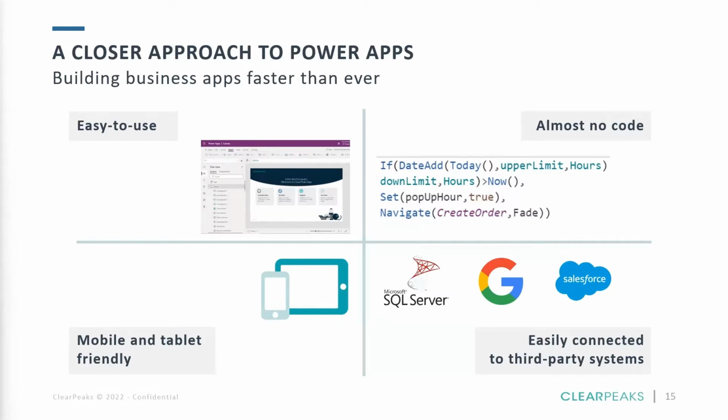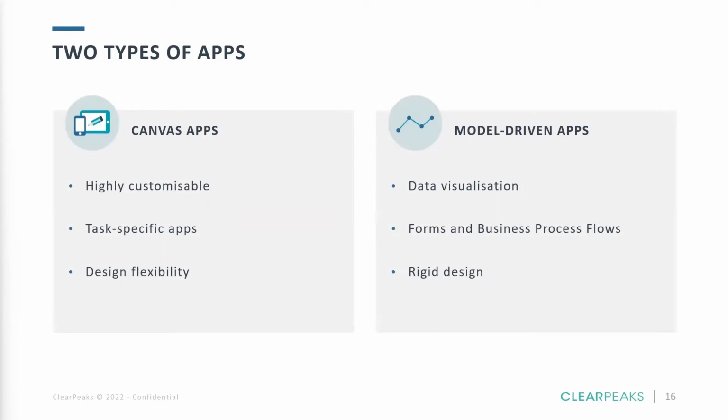And we have two types of apps, the Canvas apps and the model-driven apps. The Canvas apps are more user-friendly as they are highly customizable. This allows to create very task-specific apps with their own logic and having a completely flexible design.